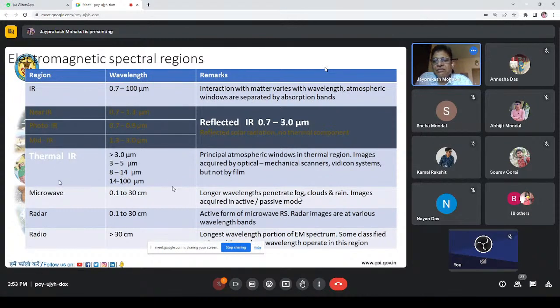Longer wavelengths penetrate fog, cloud, and rain, and images are created by active as well as passive mode. Microwave is part of the radar. From the point of view of remote sensing, microwave and radar are the same.